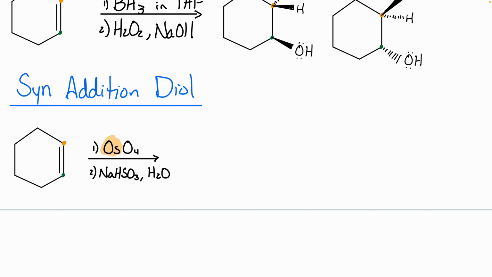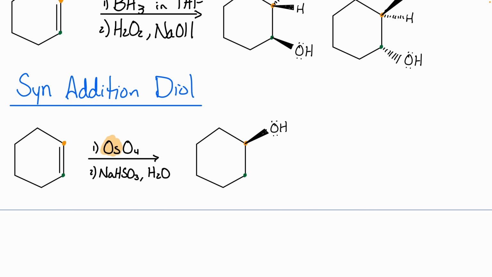And if I'm going to form a diol, so we're going to add a hydroxyl to either side of our carbon-carbon double bond. If I'm going to put one of these hydroxyl groups on a wedge, what's my other one going to go on? Just straight up in the name, right?